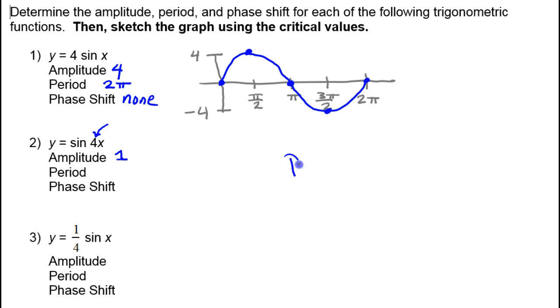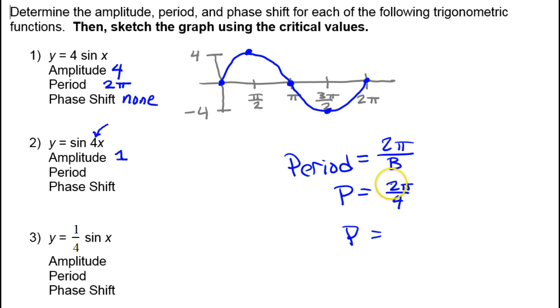So remember that the period is going to be 2 pi divided by that b value. So in this case, the period is going to be 2 pi divided by 4, which means that the period, all right, 2 goes into 4 twice, so this is going to reduce down to pi over 2.